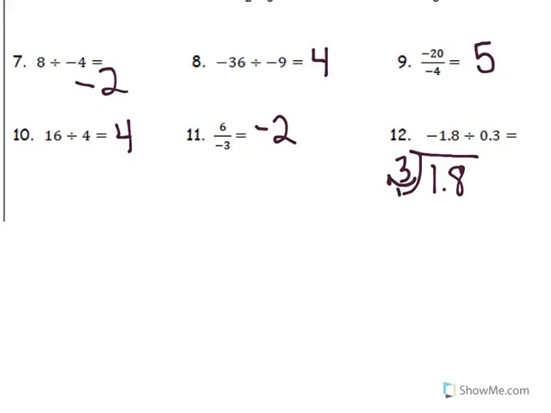Since I moved this over 1 space, I'm going to move this decimal inside over 1 space. So my real math problem right now is 3 goes into 18. Well, 3 goes into 18, we know that. It goes in 6 times. So my answer to this math problem is 6, but now is it positive or negative? Let's look back. A negative divided by a positive. Signs are different. Negative answer.